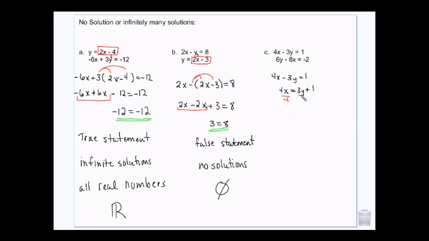Divide everything by 4. And I'm going to get x is equal to 3/4 y plus 1/4. Okay. And I'm going to plug that in for x. So I'm going to take this and plug it in here.